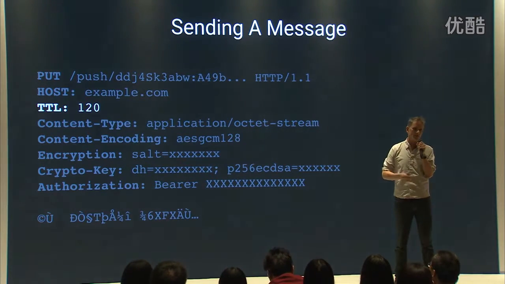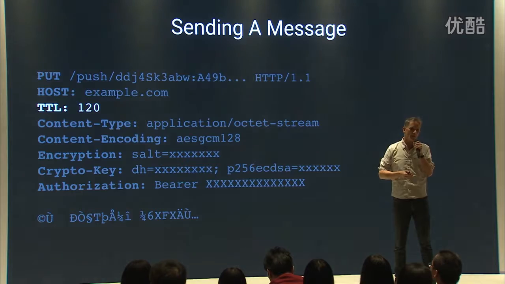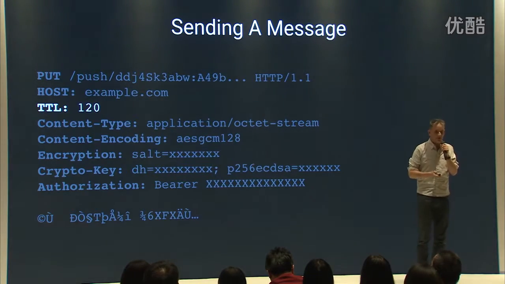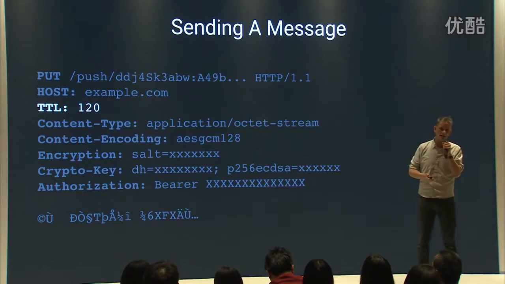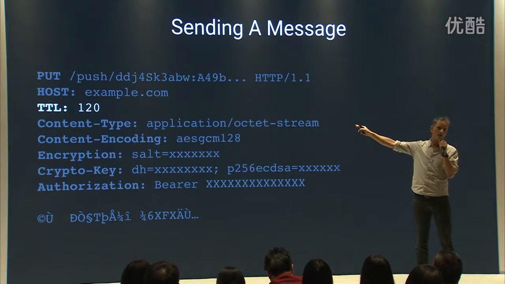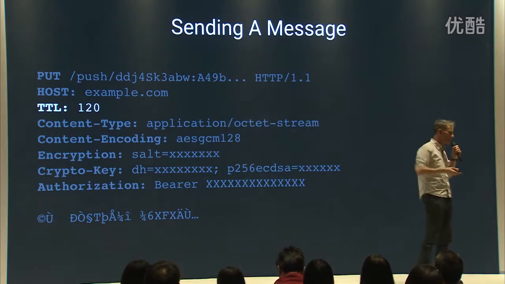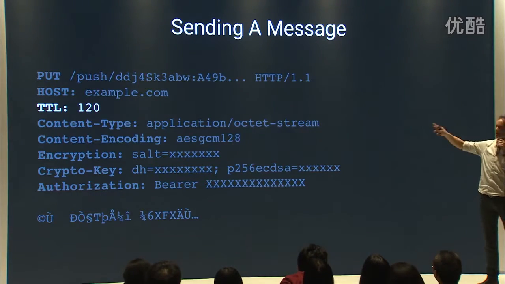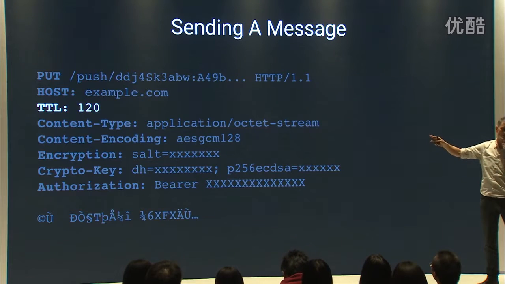If they're not received within, say, 1 minute, then they are irrelevant. There are other messages that might be valid to send for several hours. So that TTL value is really handy for sending different types of messages.